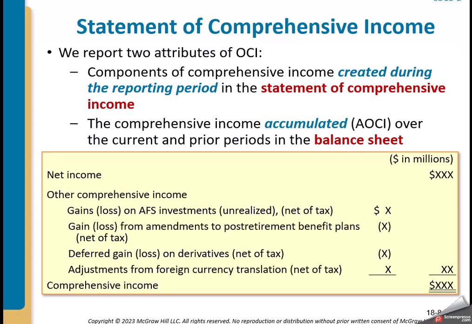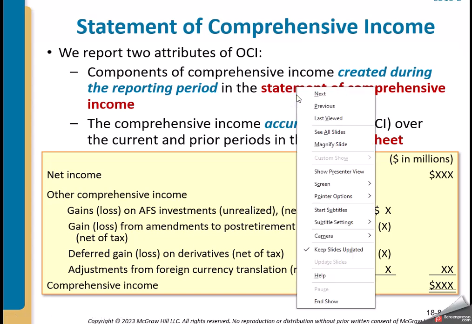So there are two components of our other comprehensive income. There is the current component, what has occurred during the current financial reporting period, and what has been accumulated over prior periods. So we will have those somewhat separated out so we know.